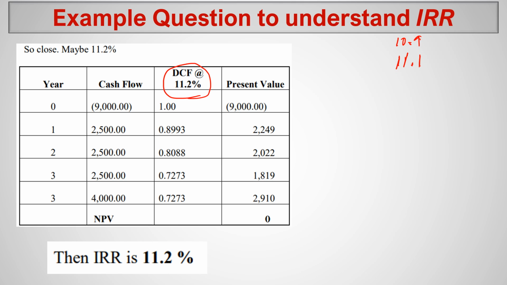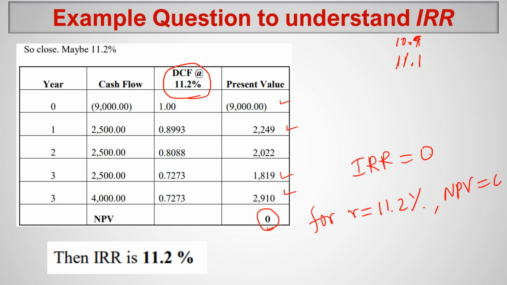But if you put it in an Excel sheet, you can easily do it with different values and find the answer. So when we put 11.2, the NPV becomes 0. So IRR is equal to 11.2 percent.